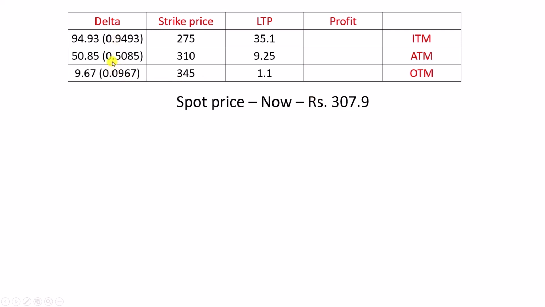Now if you see here 0.50, what does this mean? This means that when the spot price increases by 1 rupee and goes to 308.9 rupees, the price of the premium, which is this, increases by 50 paise.